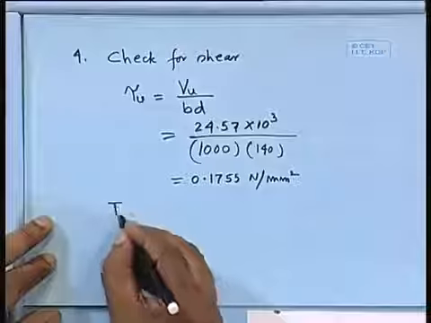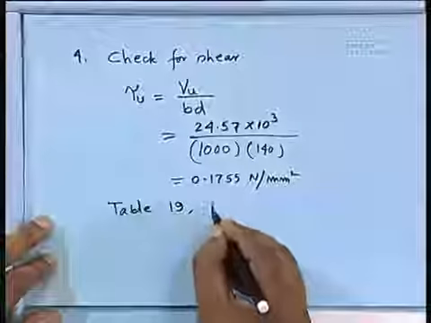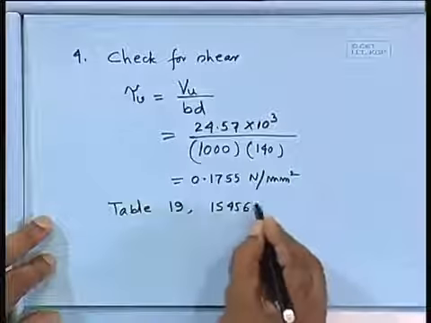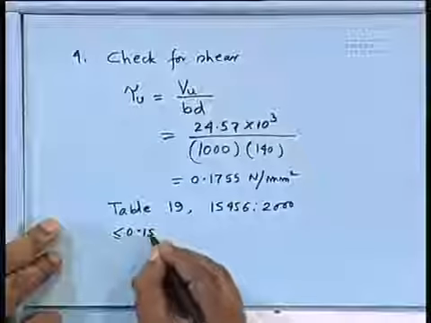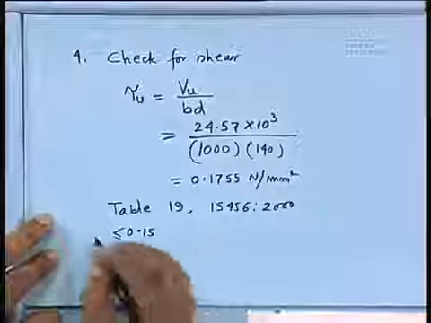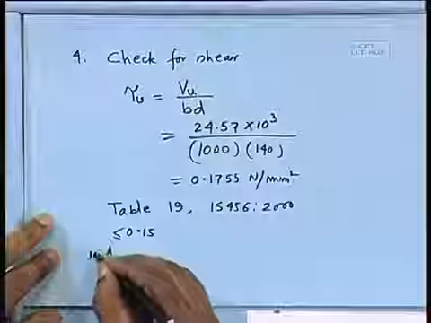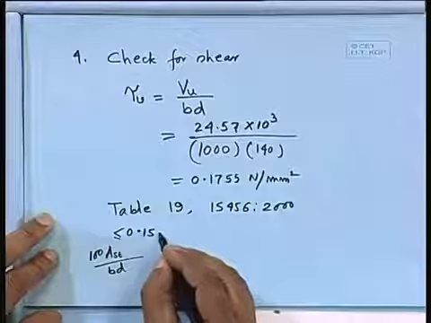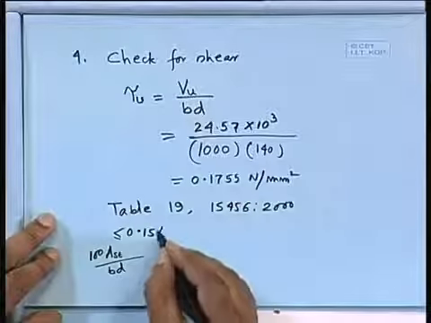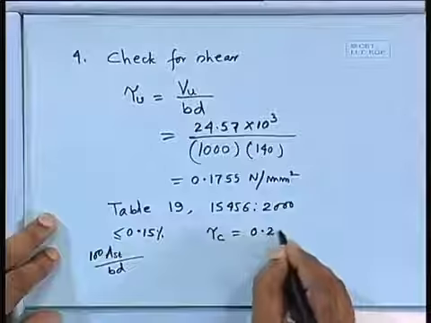Table 19, IS 456 2000, gives for less than or equal to 0.15, this is 100 Ast by bd. For this 0.15%, we get tau c equal to 0.28.